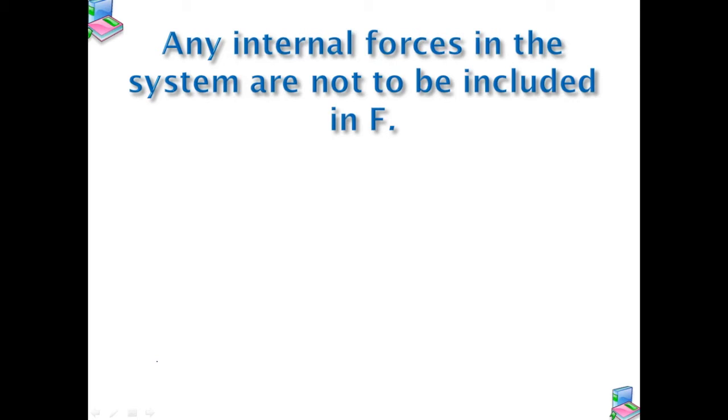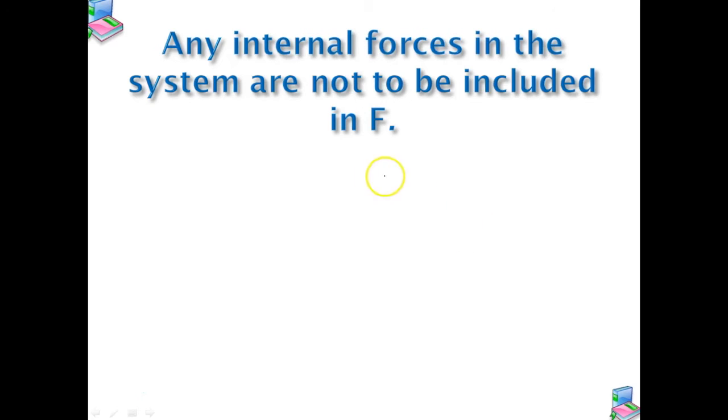In that case, F refers to the total external force on the system and A refers to the acceleration of the system as a whole. More precisely, A is the acceleration of the center of mass of the system, about which we shall study in detail. So this second law not only applies for a particle, it also applies for a system of particles with the center of mass.